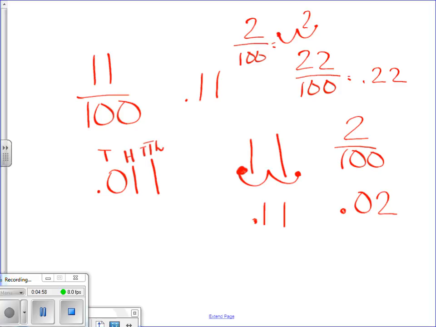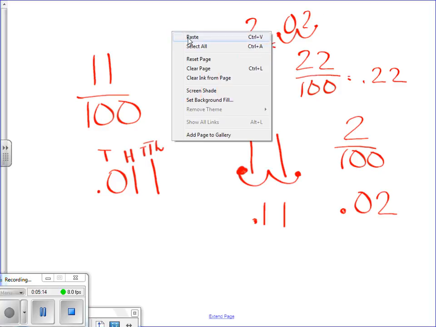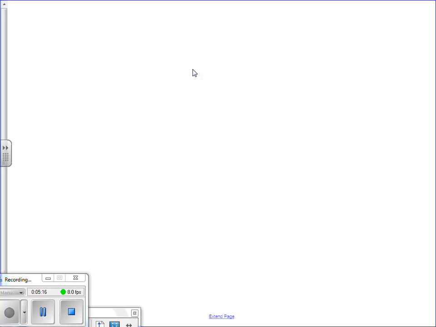I have to put something in that gap. I have to put a 0. So, this is going to be what we're doing in lessons 17 and 18.